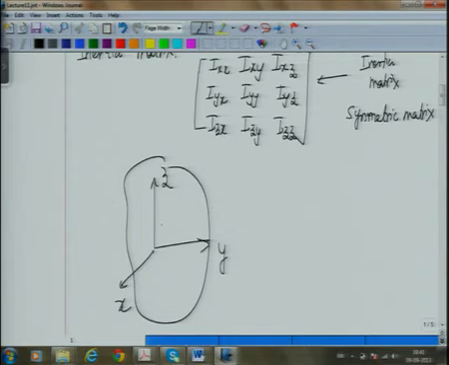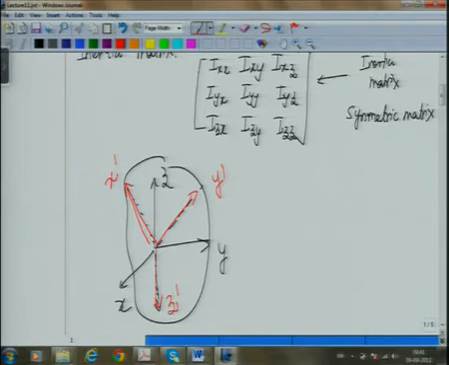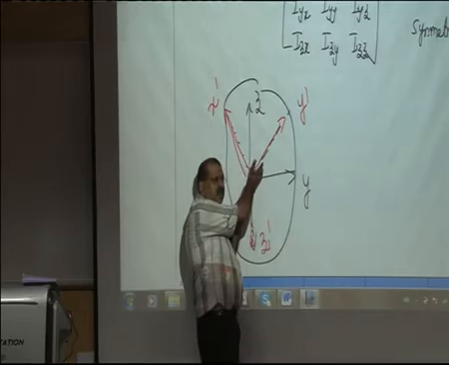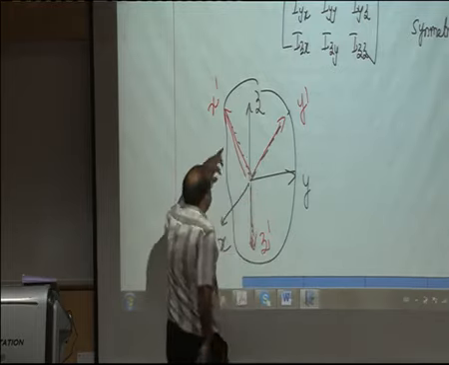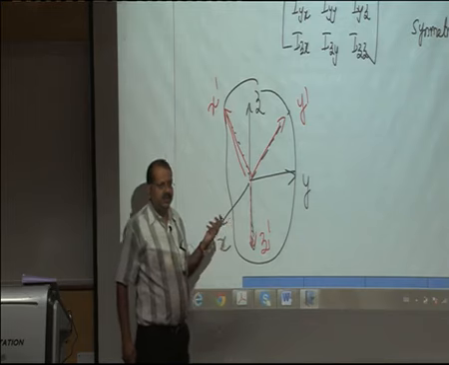Now, let me use the red color for this. On the same origin I have a new set of axes x prime, y prime, z prime, which are obtained by rotation and maybe reflection of the original axes. So, how I obtain x prime, y prime, z prime will be known to me.